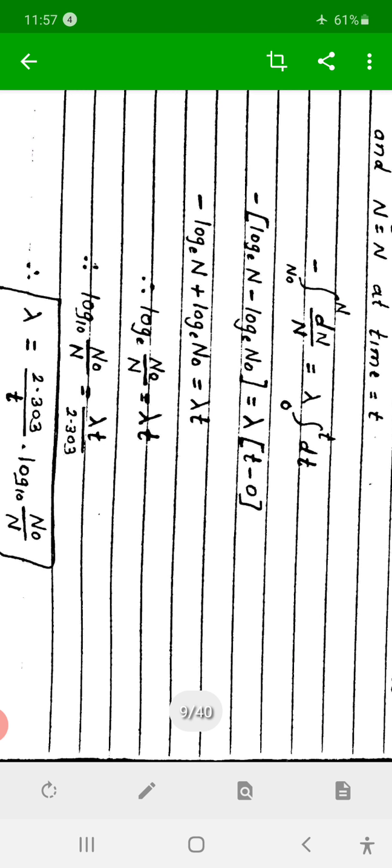By changing the side of the 2.303 term and rearranging, lambda is equal to 2.303 upon t into log base 10 N0 upon N. This is a very important equation.